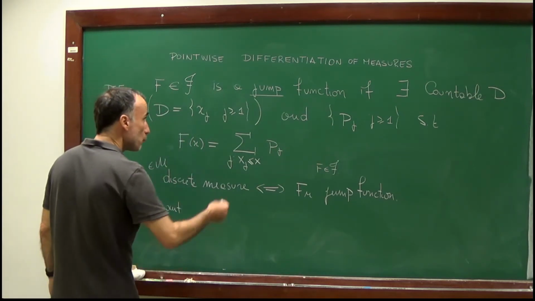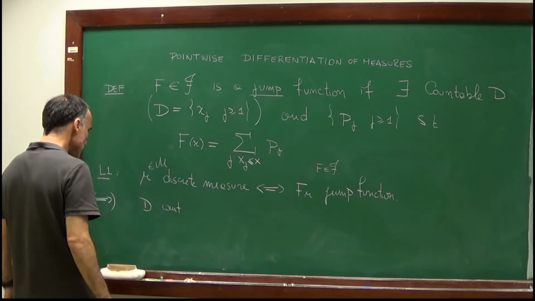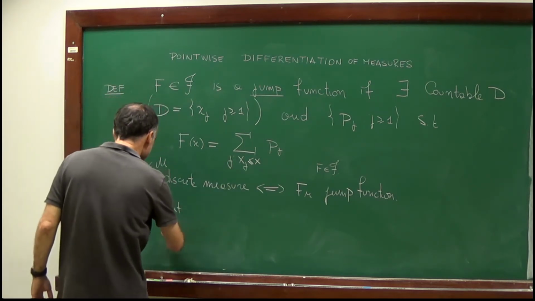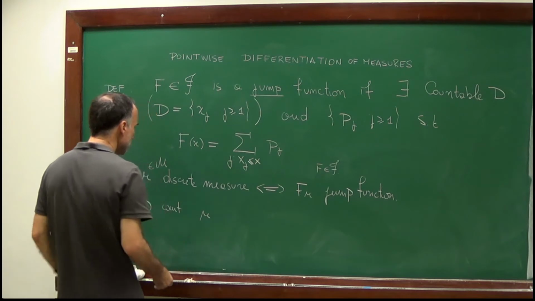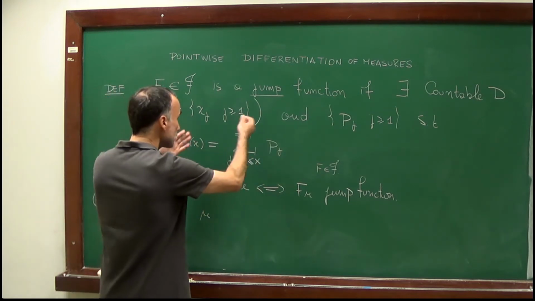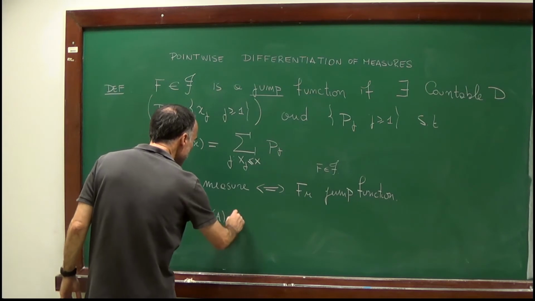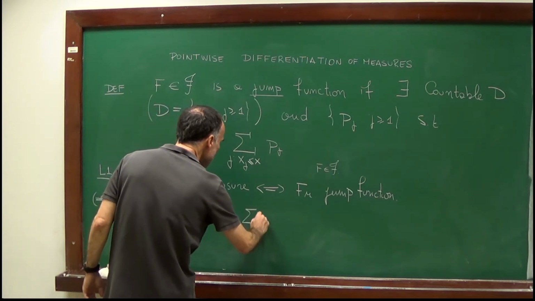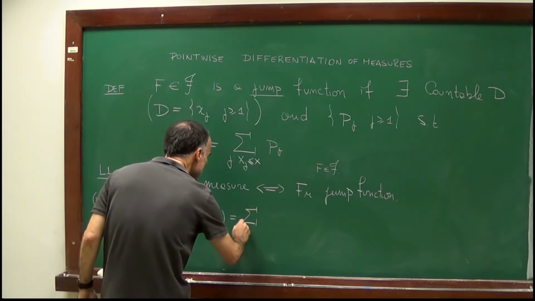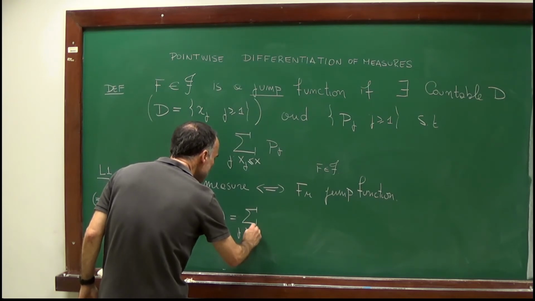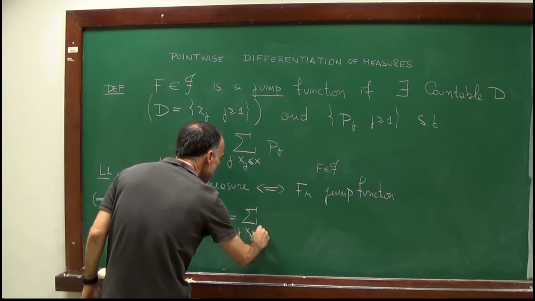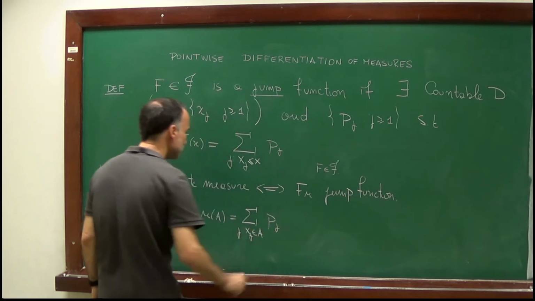Then once you're given that, you know that mu, since it's the discrete measure associated to this set and these weights, mu of A is equal to the sum for all j such that x_j belongs to A of p_j.